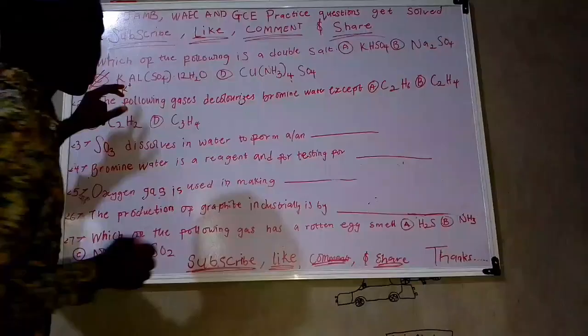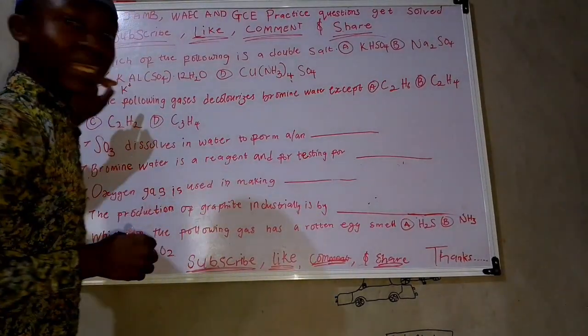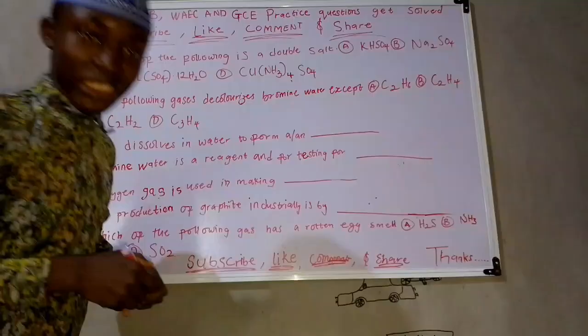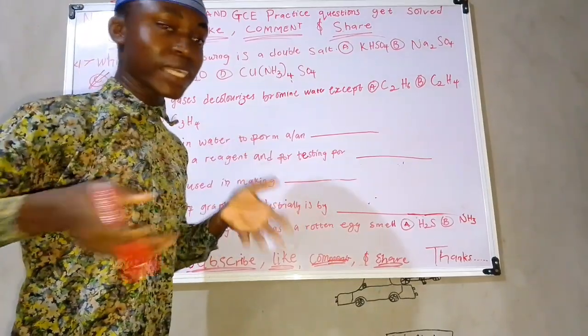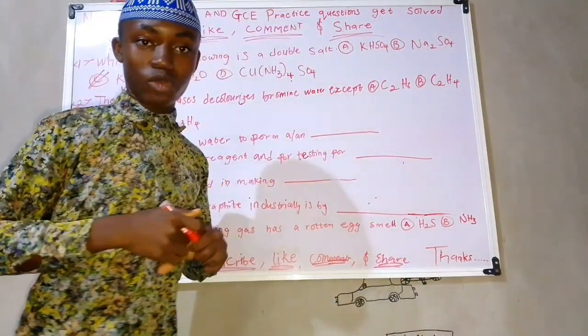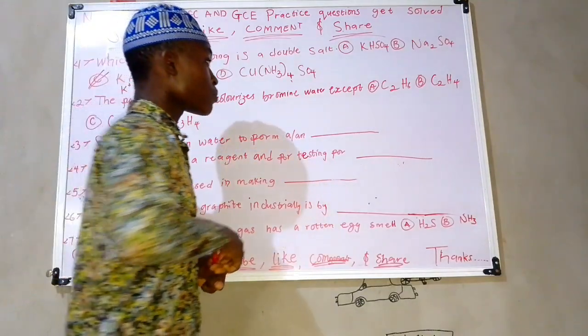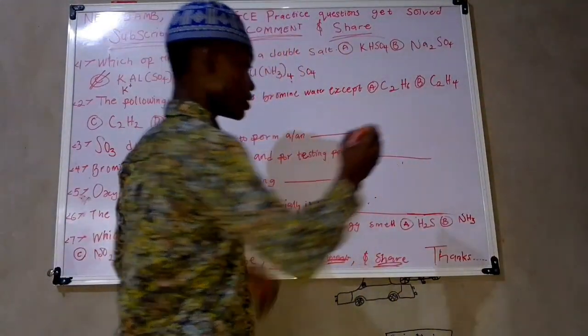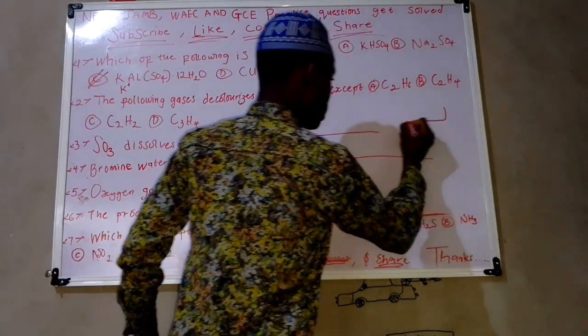Now, why did I know that this particular element is a metal? We have a trick in identifying metals, non-metals, and amphoteric metals. For identifying the metal, use the trick.